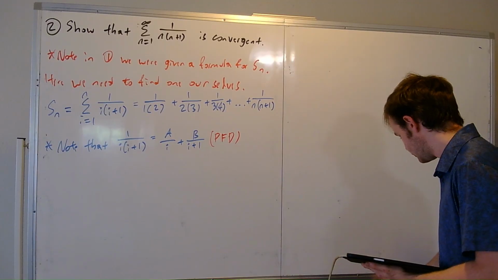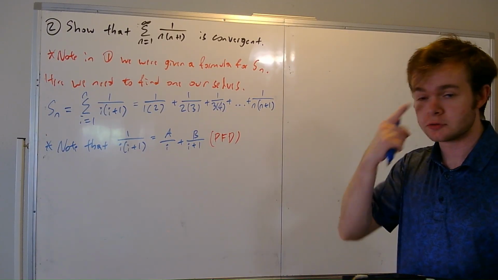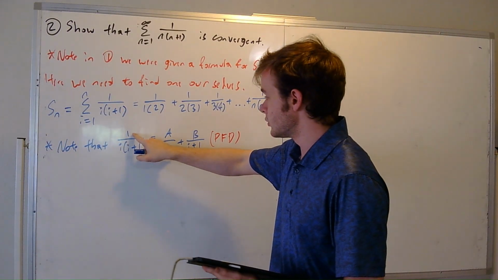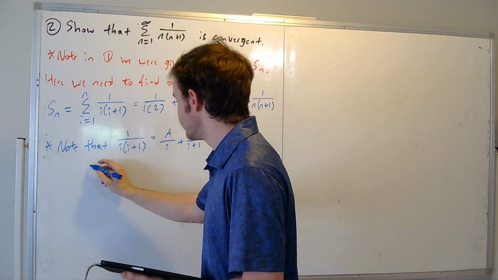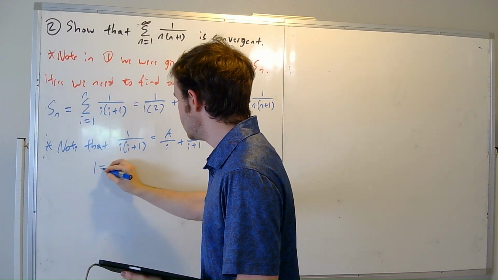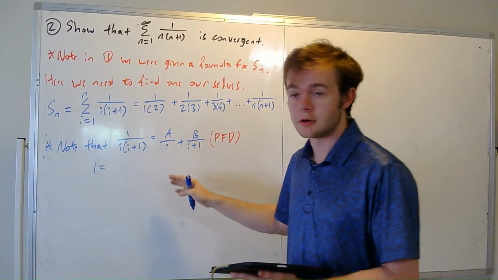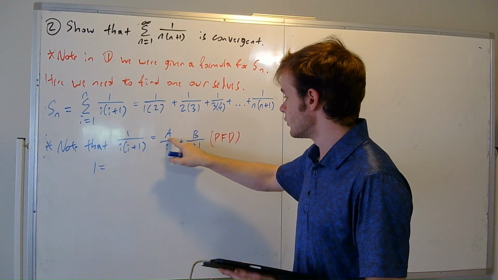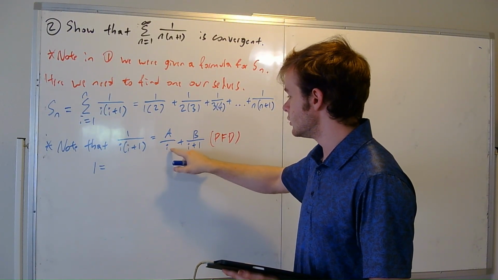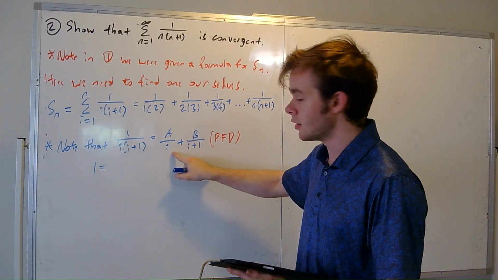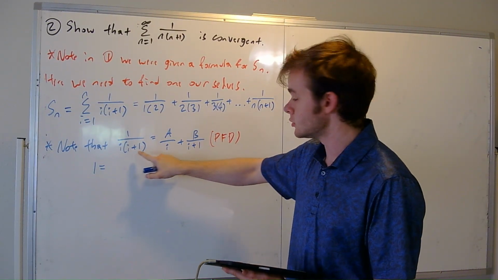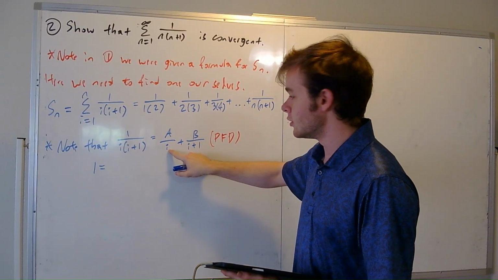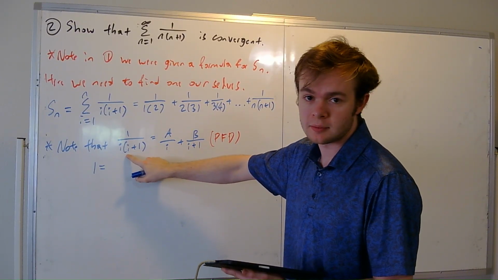Okay. And remember what we did in partial fraction decomposition. We set the left numerator, 1, equal to whatever we get on the right side, which for the first term is going to be whatever you need to multiply this fraction by on both sides to get the denominator to match. So notice here the denominator is i. This is i times i plus 1.